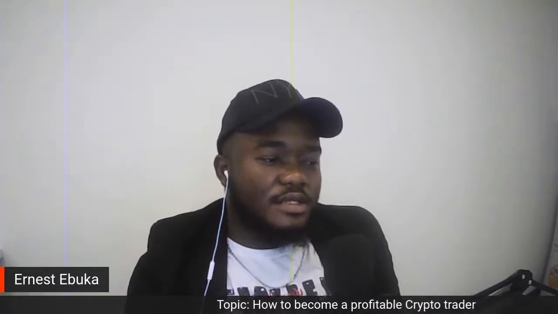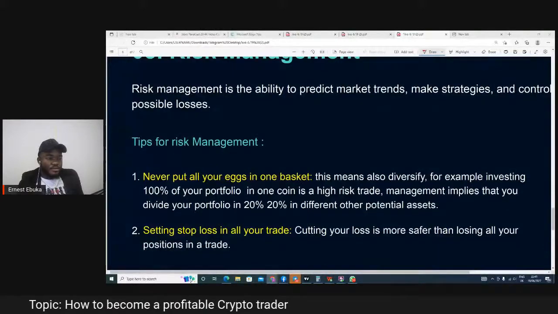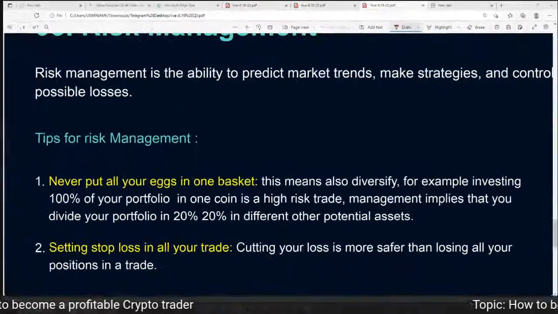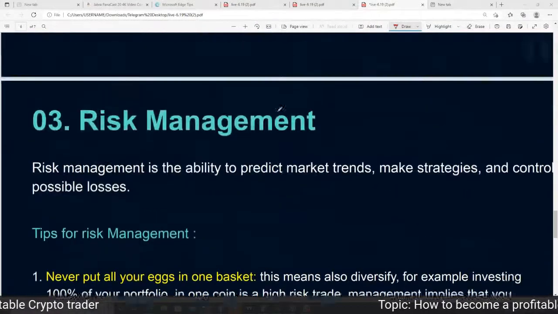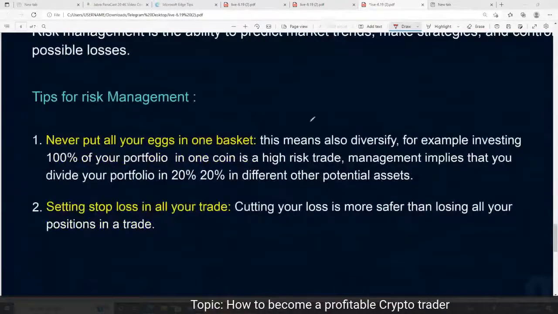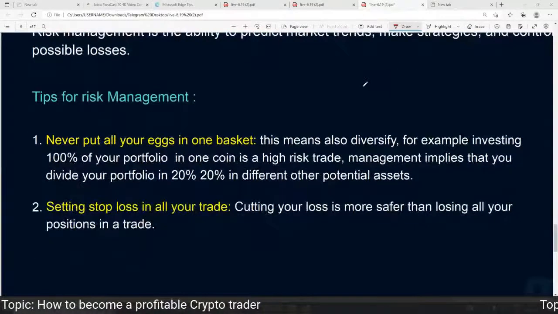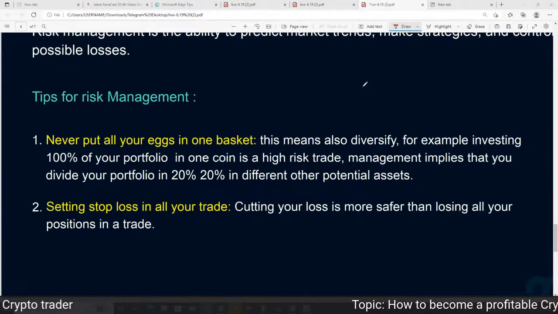Now, what is risk management? Risk management is the ability to predict the market, to make strategies and control a possible loss.